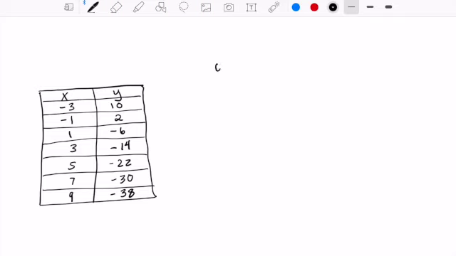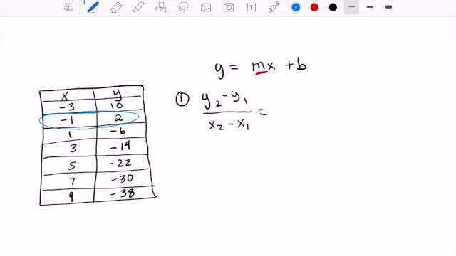But in order to find my linear equation from a table, it's never going to change the method of how we do it. First thing I'm going to do is I'm going to find my slope. So we have y2 minus y1 over x2 minus x1. Pick any 2 points. It doesn't matter. I'll pick this one, and I'll pick this one.